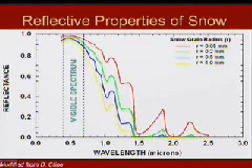So you have a reduction in albedo. You notice the red line is for the smallest diameter grains, moving down to the yellow with the large diameter grains. So as snow goes through its metamorphism, the reflectance reduces.